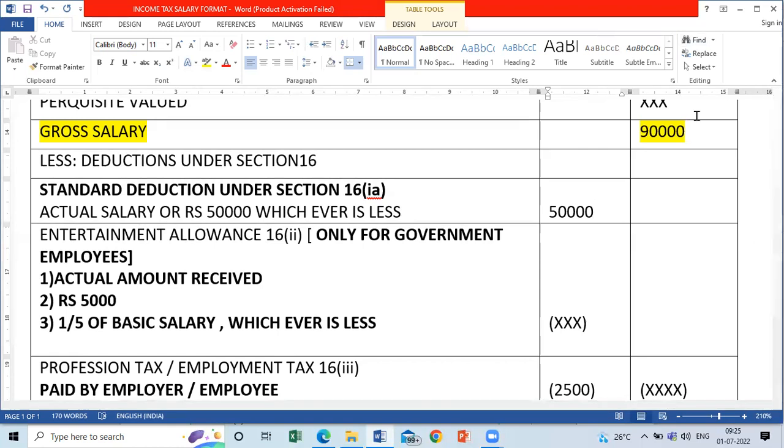If my gross salary is 30,000, deduction will be actual salary 30 or 50, whichever is less: 30,000. Got my point? Any queries? This is called as standard deduction under section 16(1)(a).